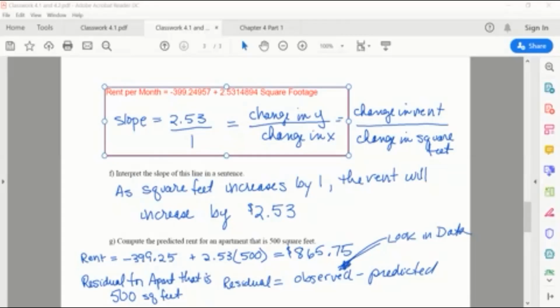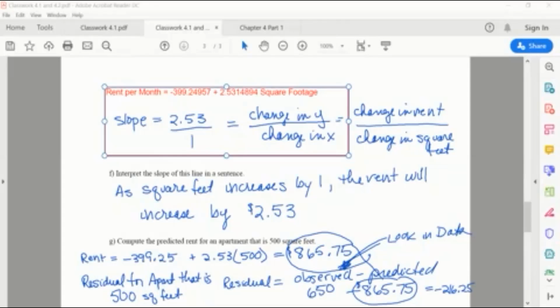So if I go look in the data, then the rent for the 500 square foot apartment was $650. So that's just the first part of the data. And then I subtract my predicted 865.75. And the predicted comes from this calculation. So the predicted you calculate, the observed you look in the data. And when we subtract that, we get minus 216.25.